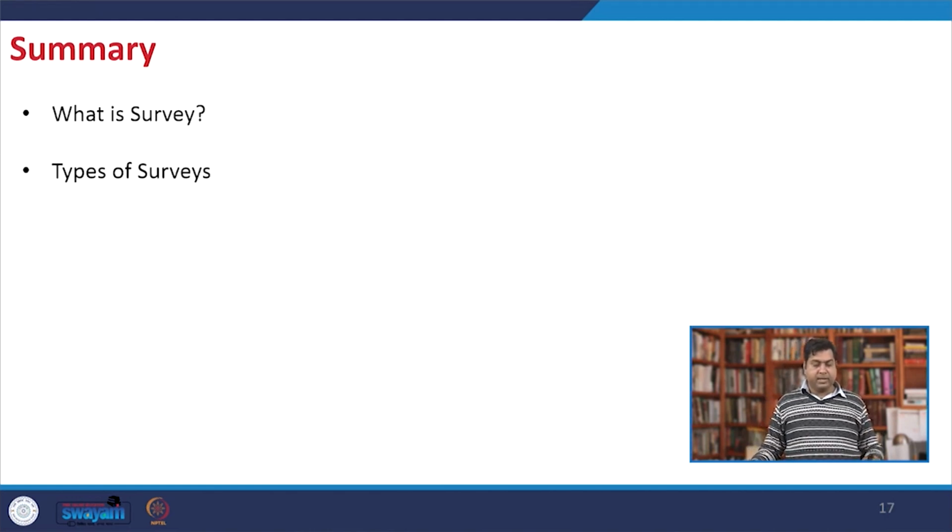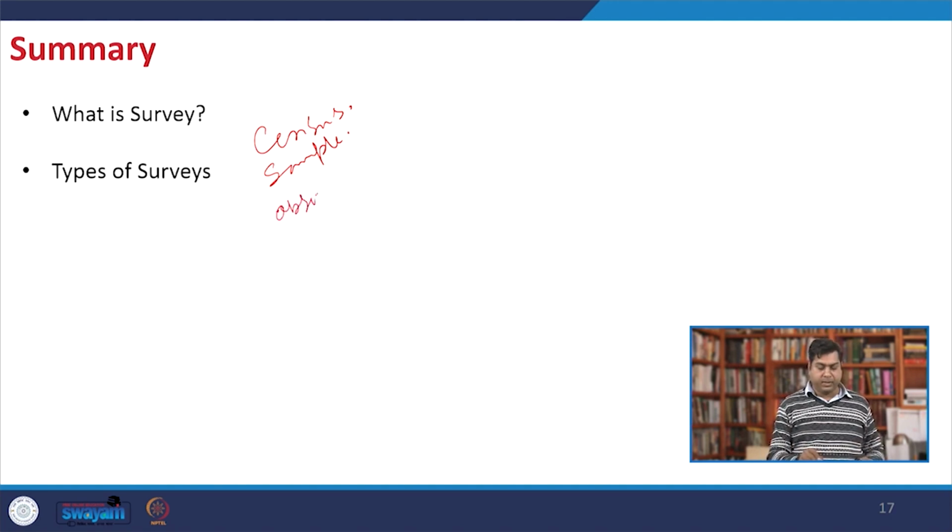So, with that, let us summarize this part of the discussion, where we mostly discussed the survey, and the types of surveys. Depending on the size, you can go for the census, the whole survey. Then you can also have a sample survey, or in terms of administration you can go for an observation survey.